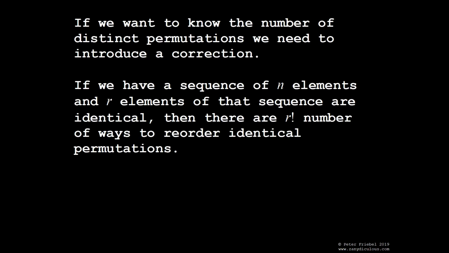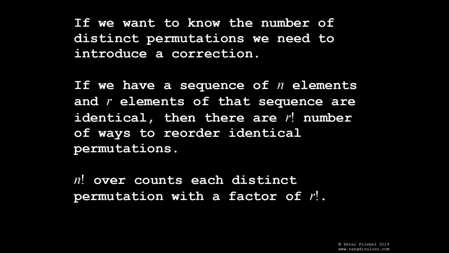So if we have a sequence of n elements, and r elements of that sequence are identical to each other, then there are r factorial ways to reorder the identical elements. Think about it. N factorial overcounts each distinct permutation with a factor of r factorial. So there are r factorial permutations in the total of n factorial too many, or overcounting them.